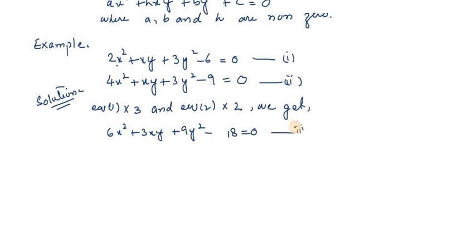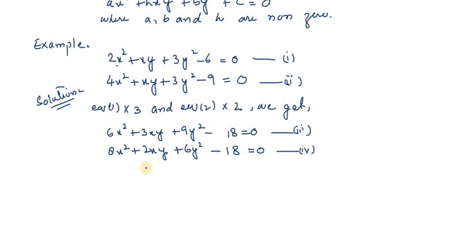We say this equation number 3. Equation number 2 multiplied by 2 gives 8x square plus 2xy plus 6y square minus 18 is equal to 0. This we say equation number 4.